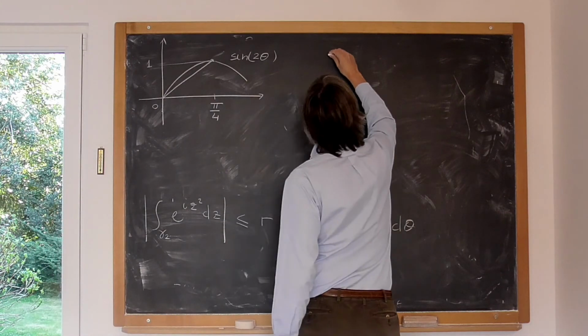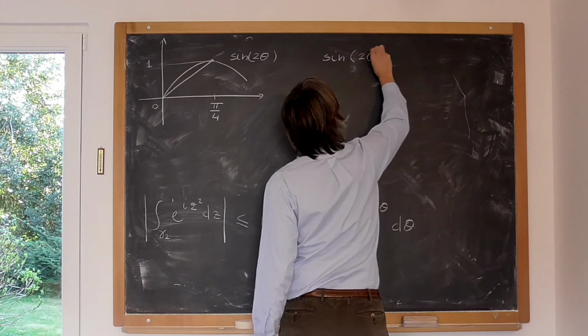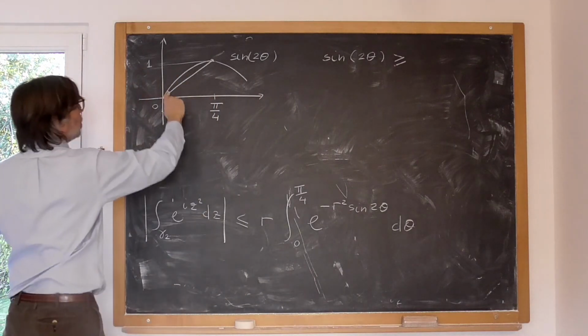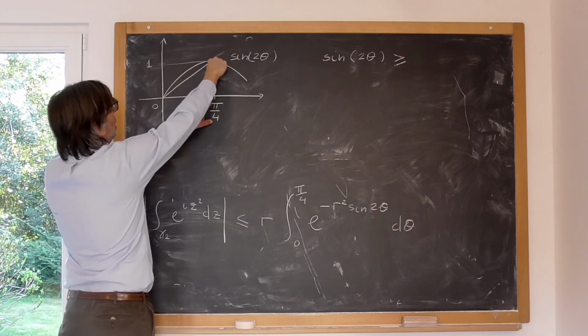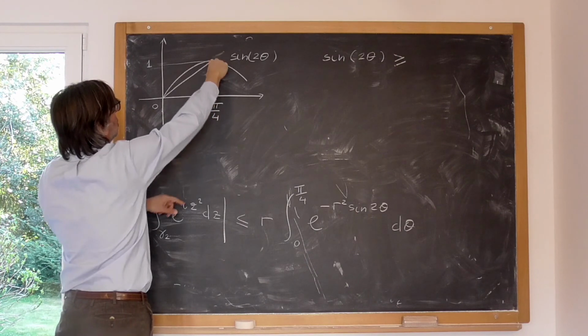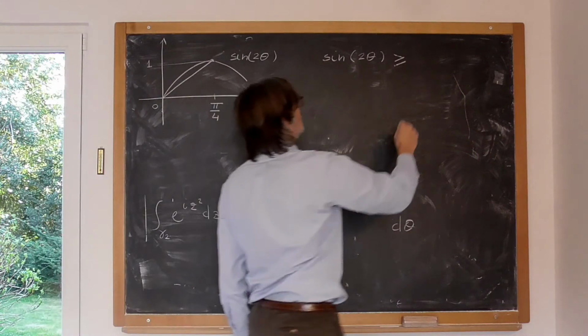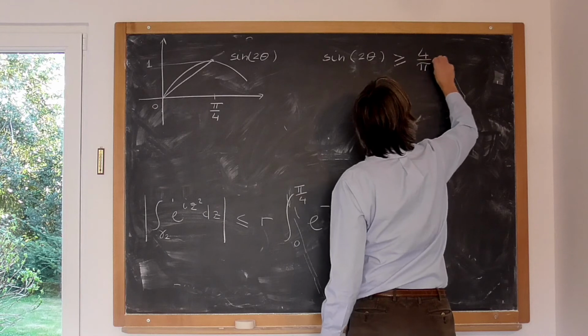So we have the inequality sine of 2 theta is greater or equal. What's the equation of this linear function? Here the angular coefficient is 1 divided by pi over 4, so this is 4 divided by pi times theta.